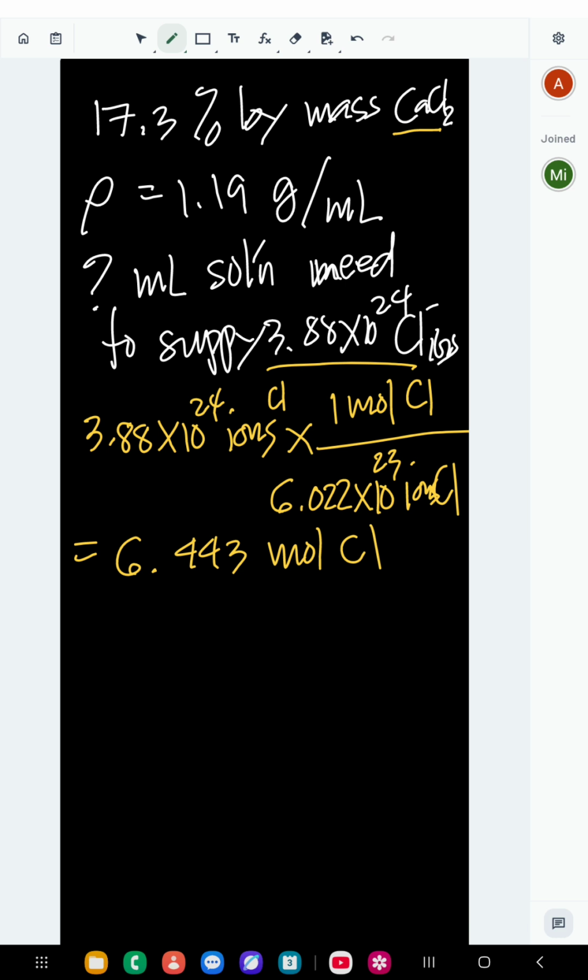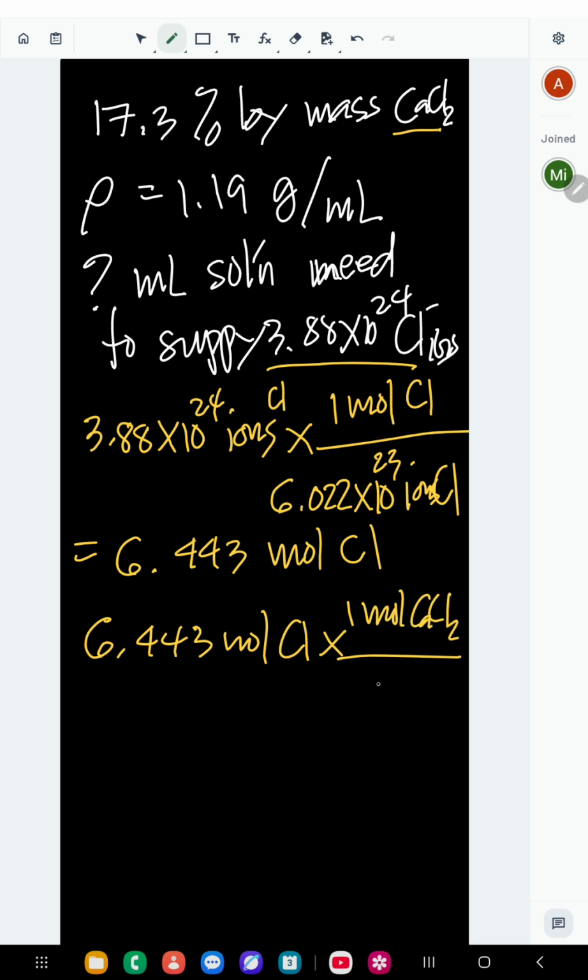So we can multiply this by the mole ratio. 6.443 moles chlorine times the mole ratio, 1 mole of CaCl2 per 2 moles of chlorine, right?